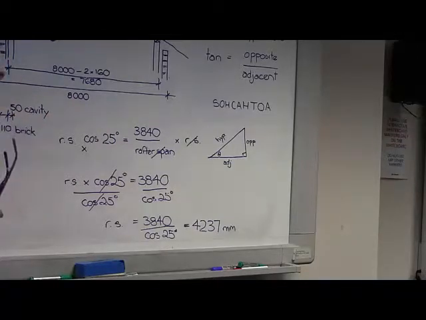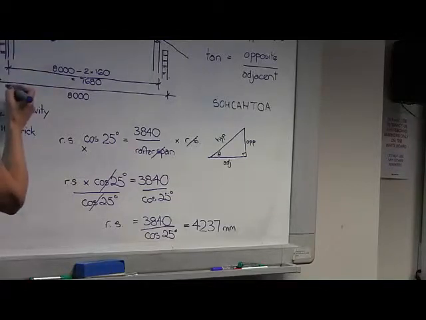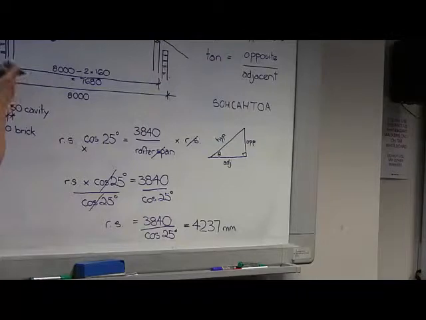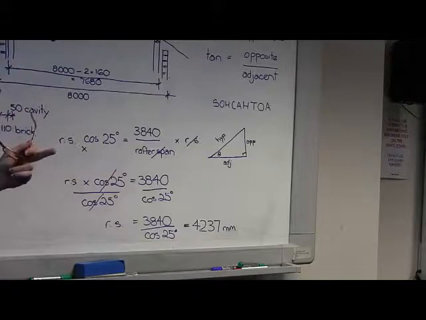You will also need to work out your overhang in the same way using cos. You will probably be given an eave dimension, say it's 500. The eave dimension is usually measured from the outside of the building, from the edge of your brick, to the edge of your eave, to the fascia. It's measured on the horizontal, not down the slope.